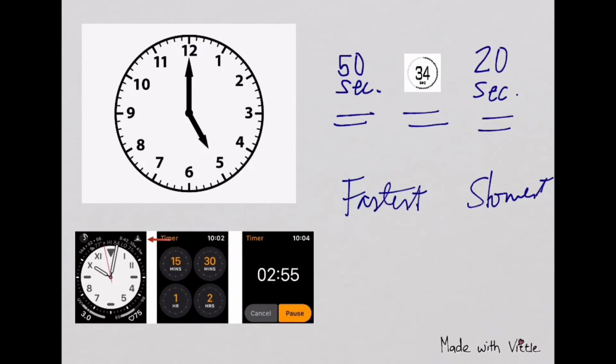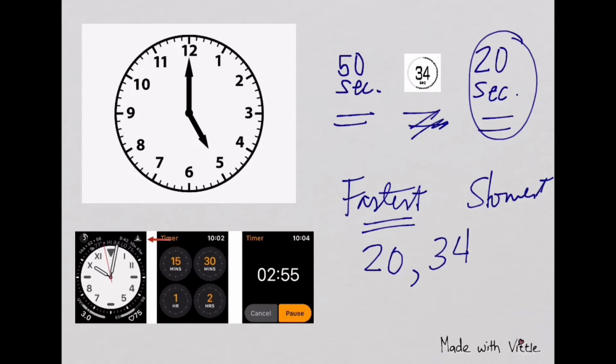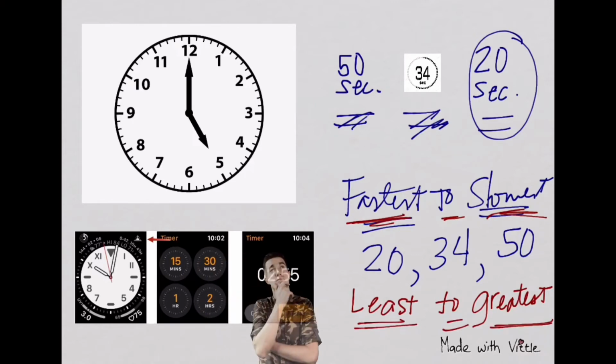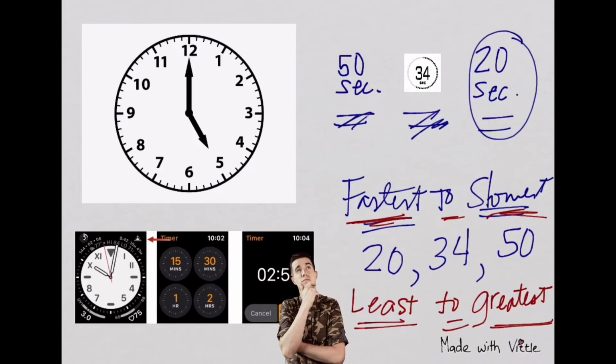Of course, you will think that the fastest one is the one who took the shortest time. Therefore, you'll write down 20 seconds as your first number, who's the fastest. And now the second number is the 34 seconds. And then the slowest will be the one who took 50 seconds. Therefore, fastest to slowest also means least to greatest number. Okay? Does that make sense?